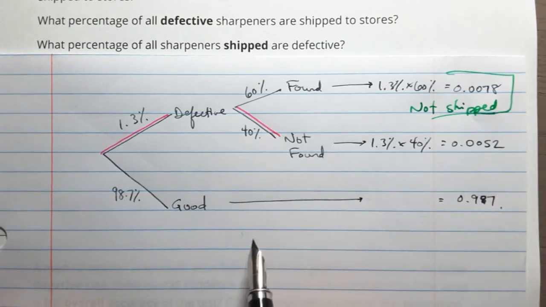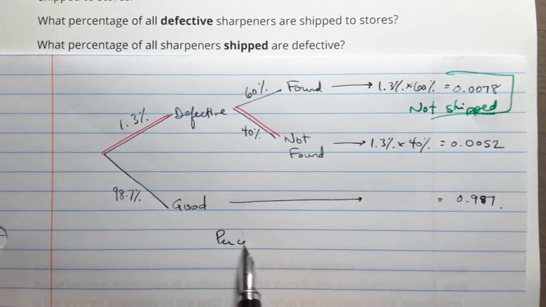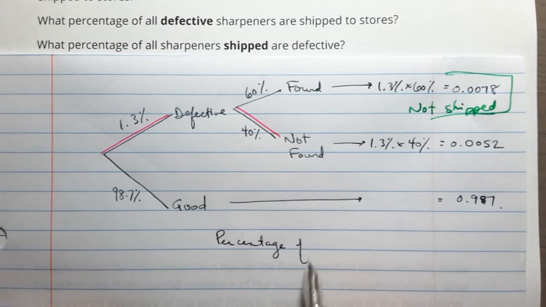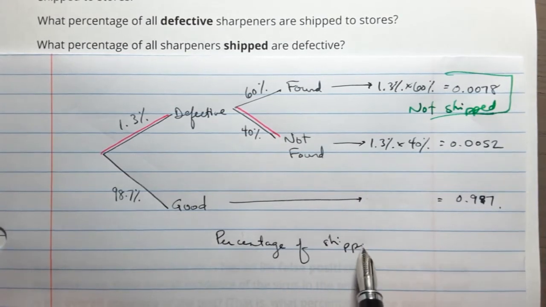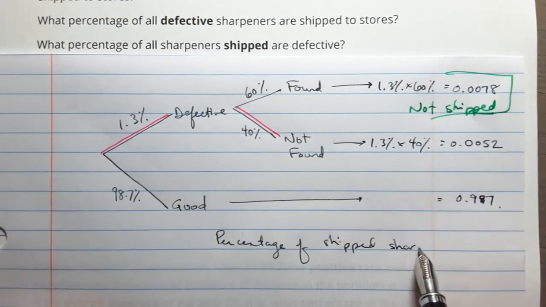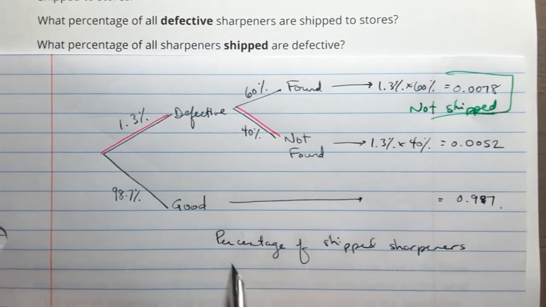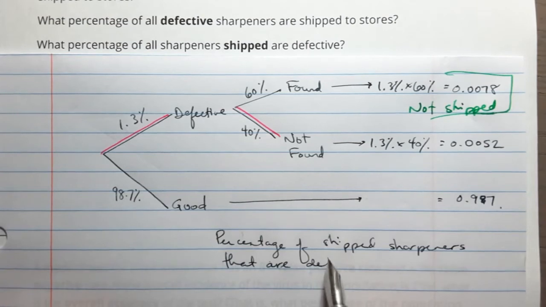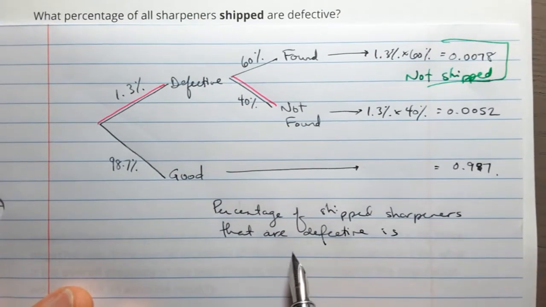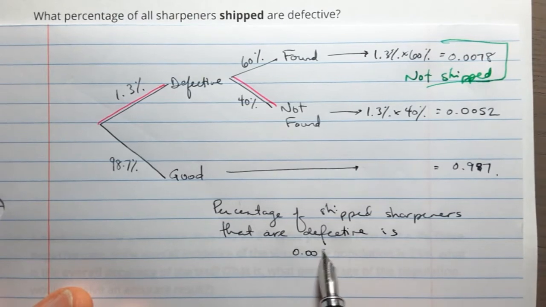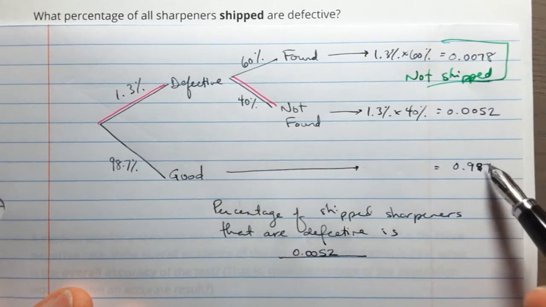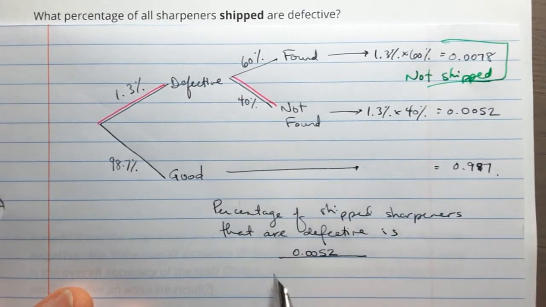So we're going to write this, the percentage of shipped sharpeners that are defective is, now we take the percentage of defective ones overall, and we have to divide by not this number here, but the sum of these two.